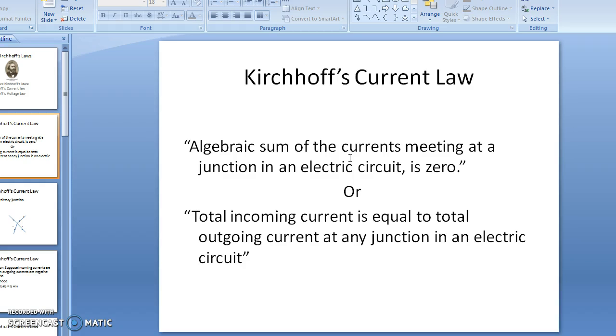It states that the algebraic sum of currents meeting at a junction in an electric circuit is 0, or alternatively it can be stated as total incoming current is equal to total outgoing current at any junction in an electric circuit.